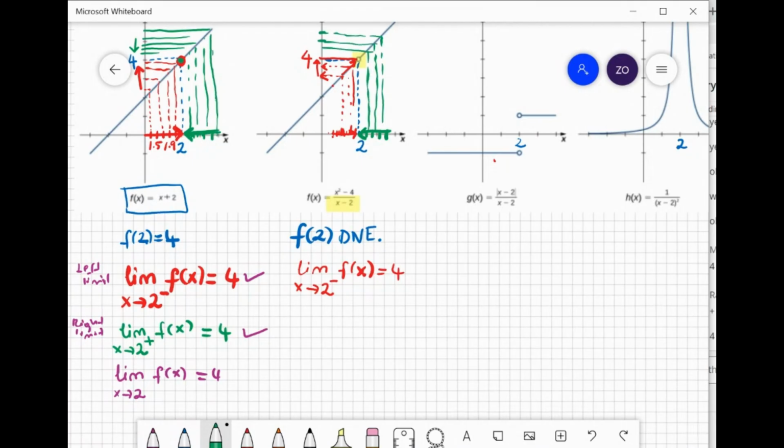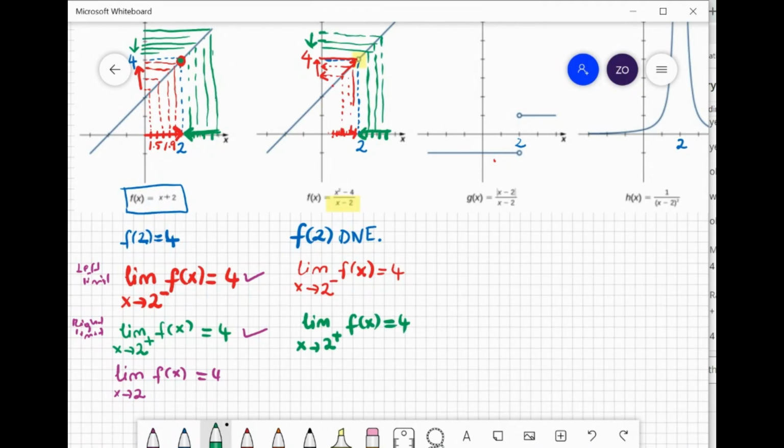Where are they getting close to? They are still, again, getting close to 4. So how do we write it? The limit of this function as x values get close to 2 from the right side, from numbers that are a little larger than 2, still equals 4.